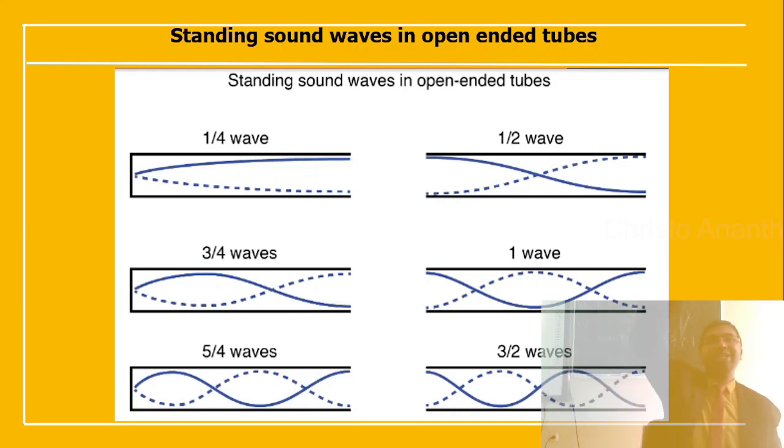This is quarter wave, then quarter plus quarter, that is half. Half plus quarter, 3/4. 3/4 plus 1/4, 1. 1 plus 1/4, 5/4. 5/4 plus 1/4 equal to 6/4, which is nothing but 3/2.